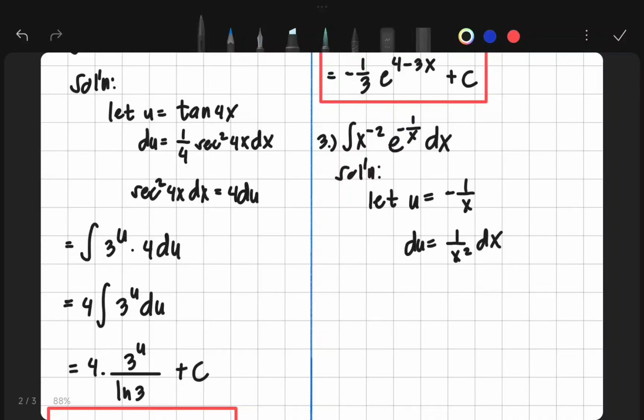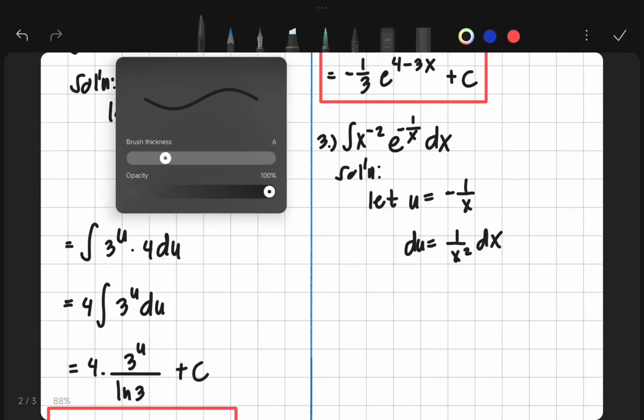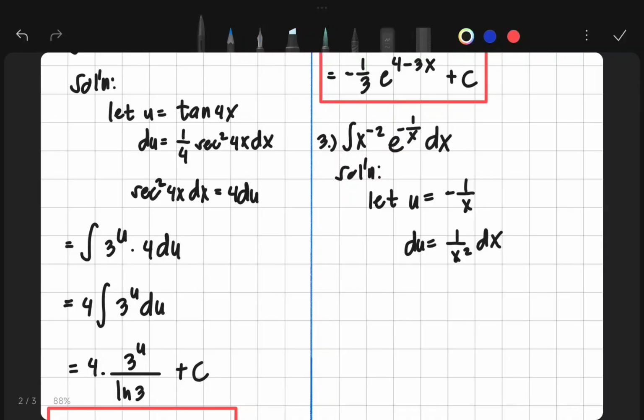But here for our integrand, we have x raised to negative 2, and 1 over x squared is also equal to x raised to negative 2 dx. These are just equal, so this will become the integral of e raised to u, where x raised to negative 2 dx is equal to du.